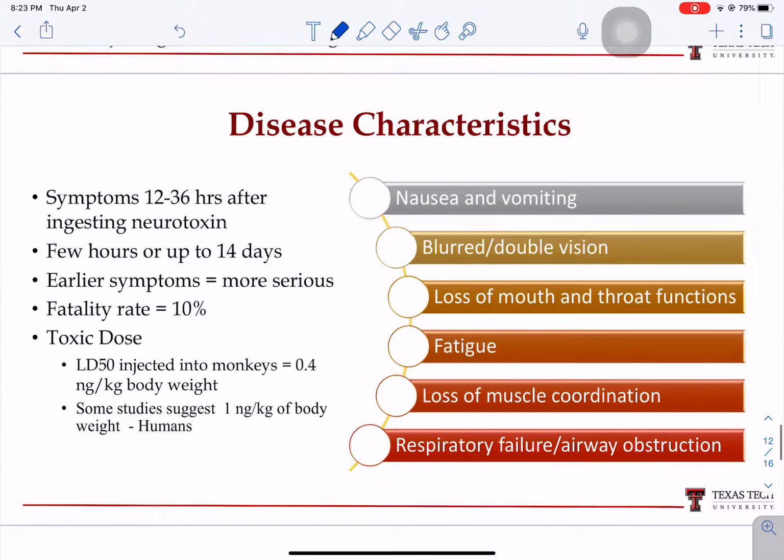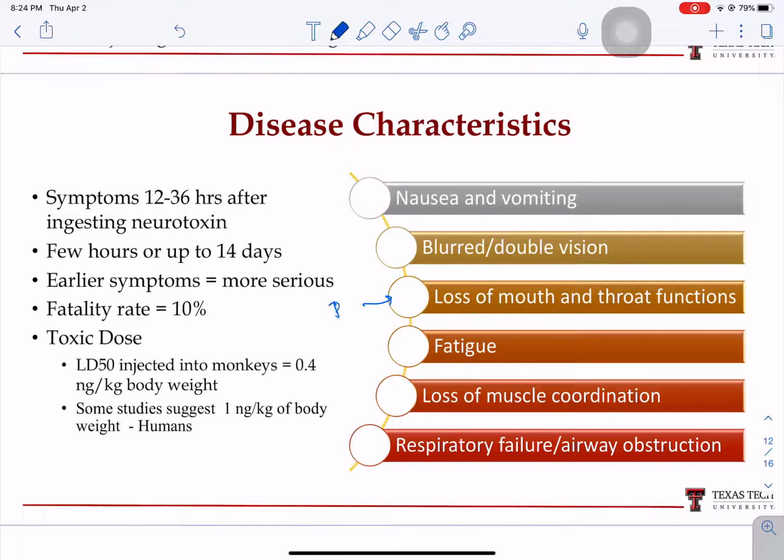Now, the characteristics of that disease. We mentioned earlier that the neurotoxins will block the release of acetylcholine, which is the neurotransmitter sent by the neurons to indicate that we have to contract our muscles. So once you have ingested the toxin, the symptoms are going to start with nausea and vomiting, and then may progress to blurred or double vision, and will go to loss of mouth and throat function.